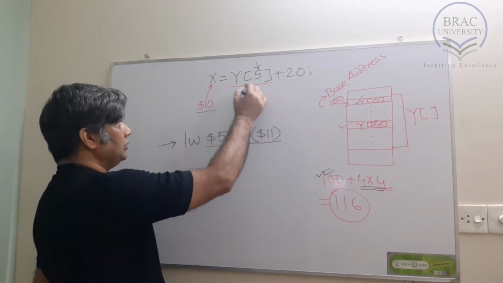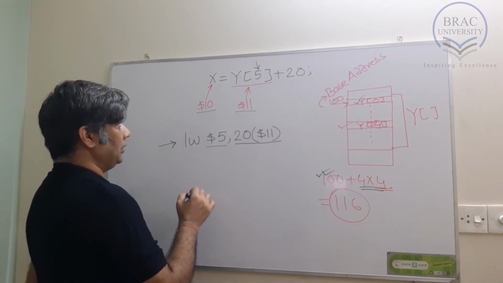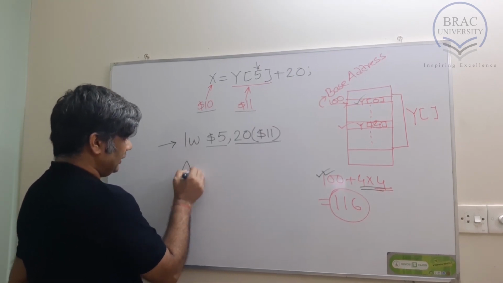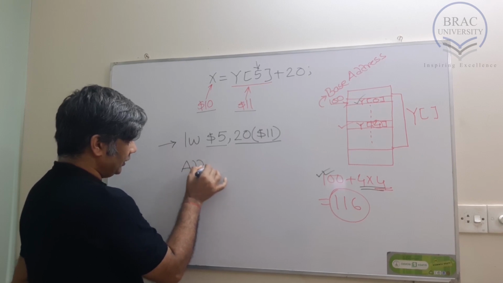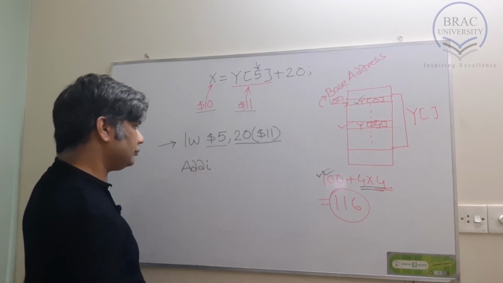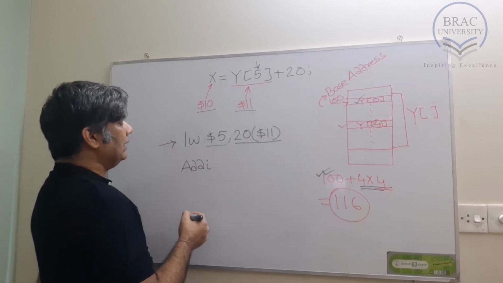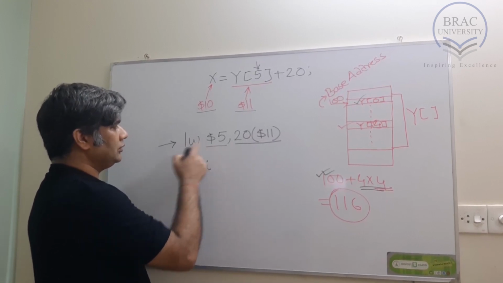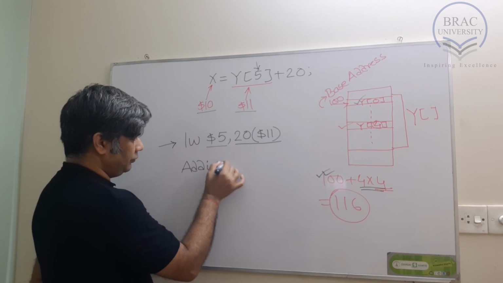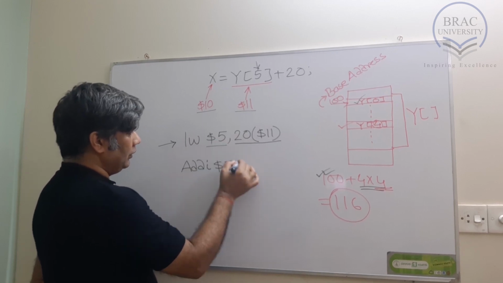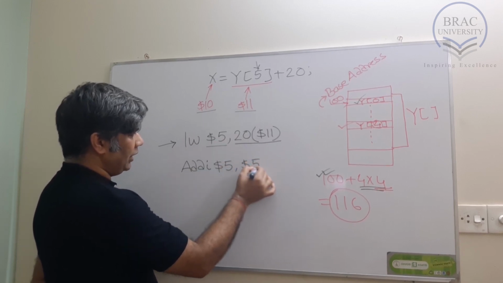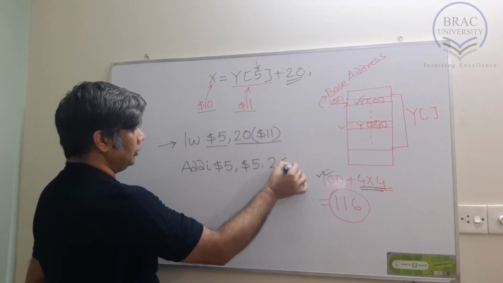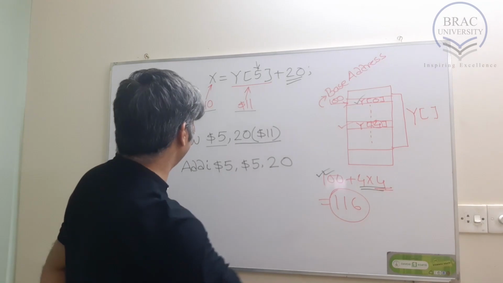Now our job is to add this part. So how can we do that? We can do it like this: add I, and then let's reuse this register 5, so 5, then again 5, and we have this 20. Sorry. We cannot reuse this register.